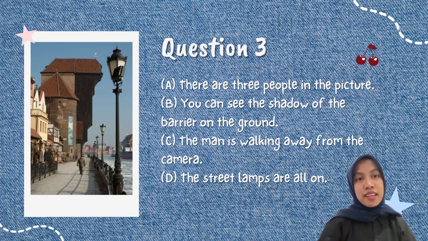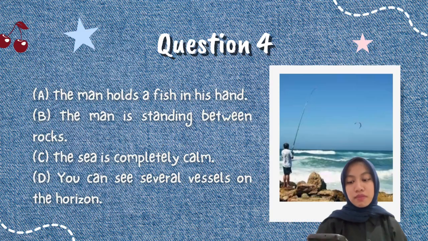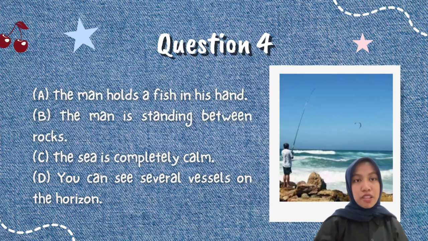Option D. The street lamps are all on. Since this is a bright, sunny day, the street lamps are switched off. In summary, when analyzing this type of question, it's crucial to focus on objective details such as shadow, physical position, and environmental condition. Now let's move to the second image.